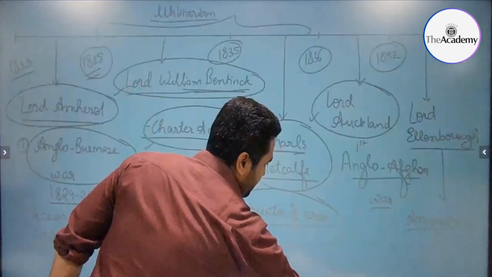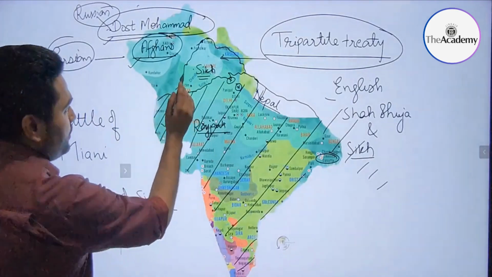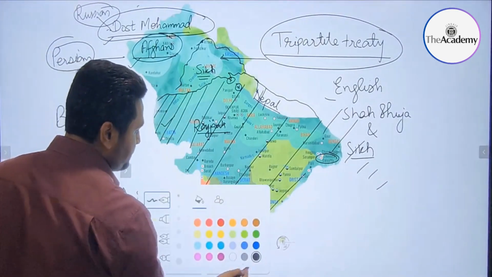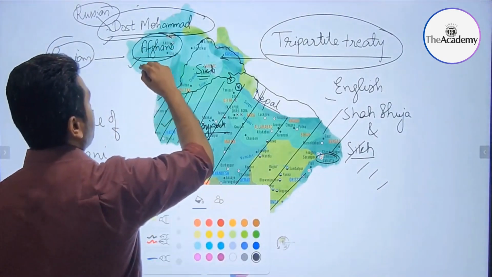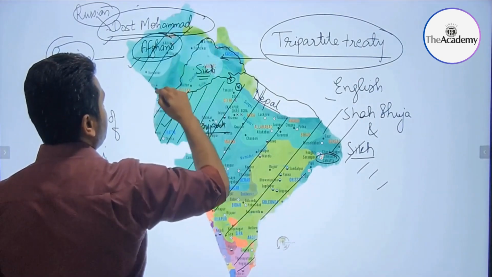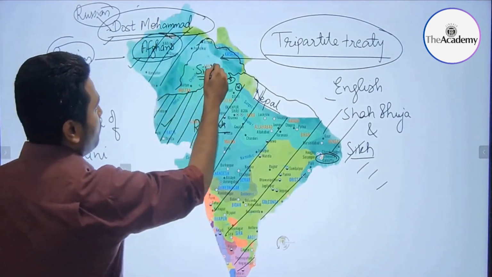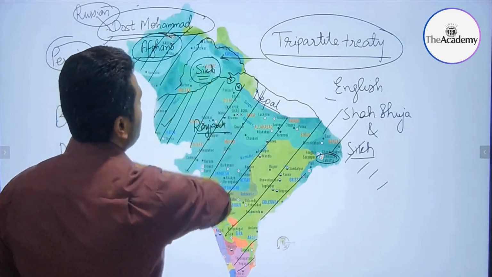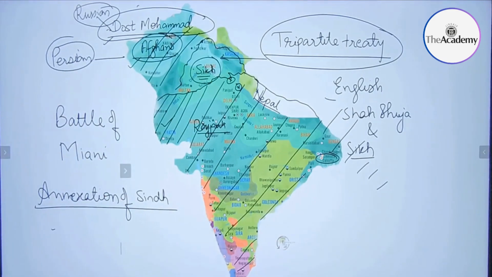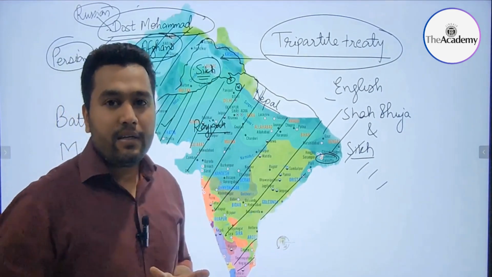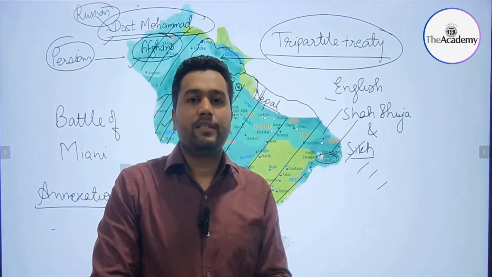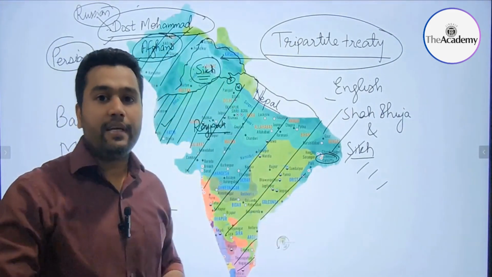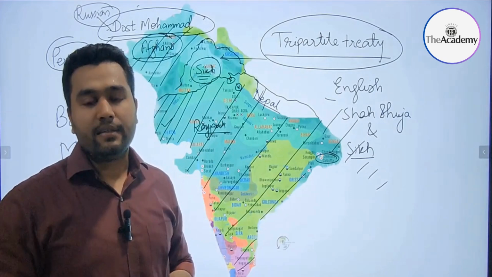We see that now for the British, after the first Anglo-Afghan war, while they reinstalled Dost Muhammad, what remained for the British was the Sikh Empire. There were turbulences in the Sikh territory after the death of Maharaja Ranjit Singh.